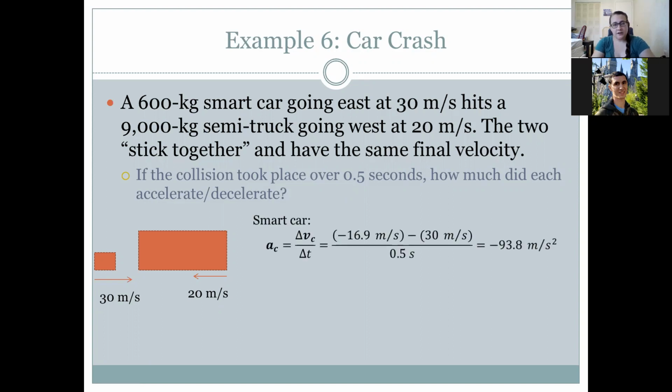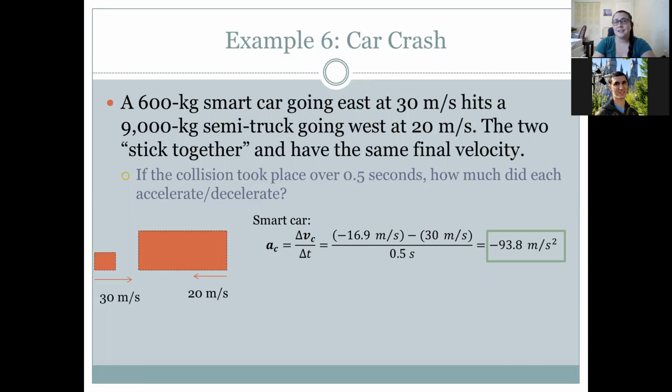For the smart car, we can always calculate the acceleration as the change in velocity over the change in time. So this car's change in velocity, it ended up with a velocity of negative 16.9 meters per second minus its initial velocity of positive 30 meters per second in that 0.5 second time interval. So it has an acceleration of negative 93.8 meters per second squared.